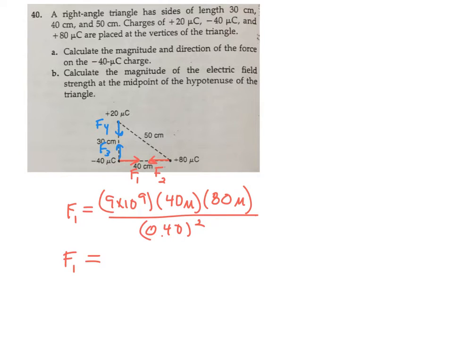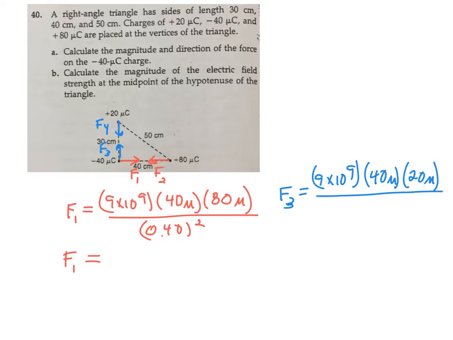F sub 3 equals 9 times 10 to the 9th, times 40 microcoulombs, times 20 microcoulombs, divided by how far apart they are, 30 centimeters, squared. That's F sub 3.